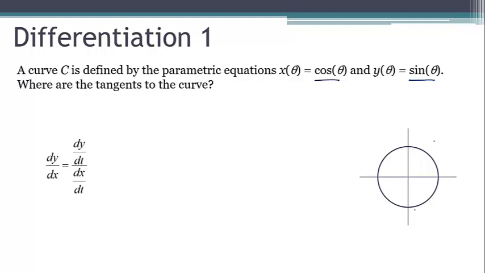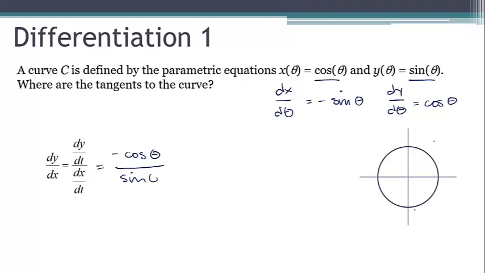And we see here dx/dθ is minus sine theta, and dy/dθ is cosine theta. So this makes dy/dx negative cosine theta divided by sine theta, or just negative cotangent theta. So now we can answer our question.